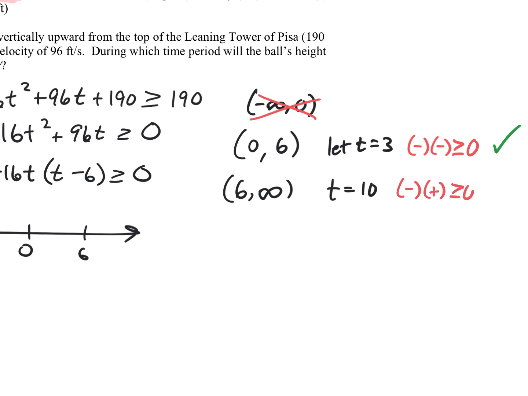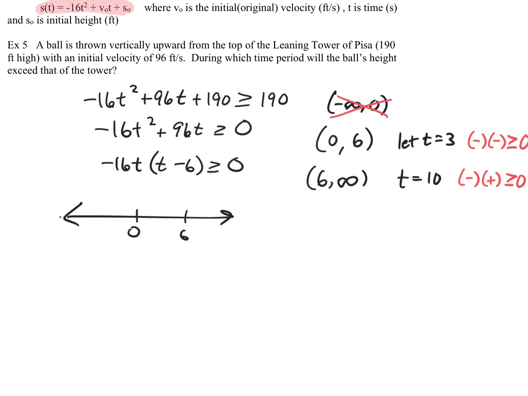I'm testing to see if that quantity is greater than or equal to 0, and it is not. So during what time will the ball's height exceed that of the tower? It will occur from t equals 0 to t equals 6, or in interval notation, from 0 to 6. And we are done.